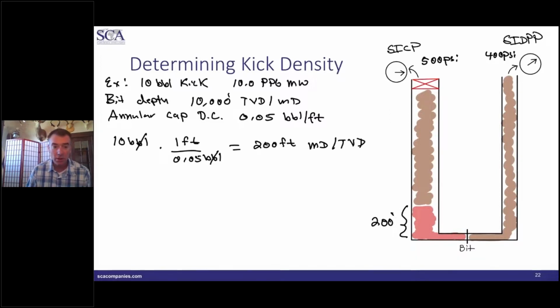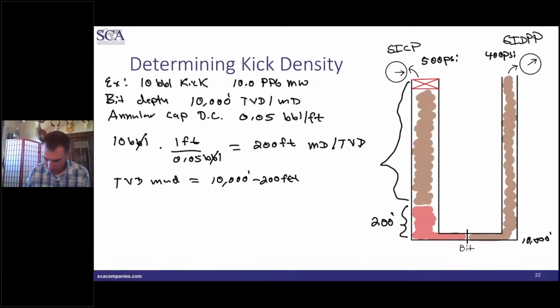And so the TVD of the mud would equal 10,000 feet minus 200 feet, because this was 10,000 feet, the whole thing. So this here ends up being 9,800 feet.